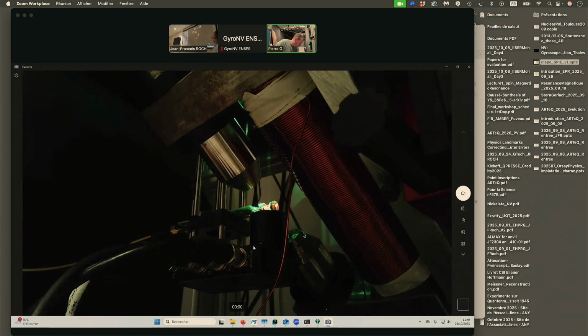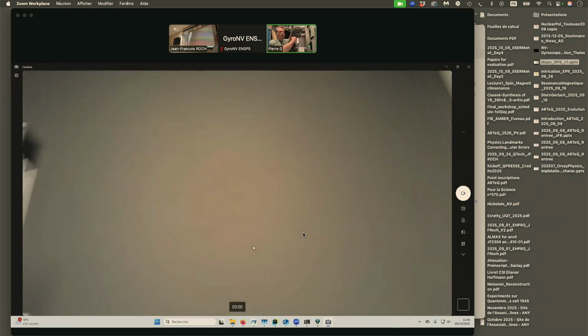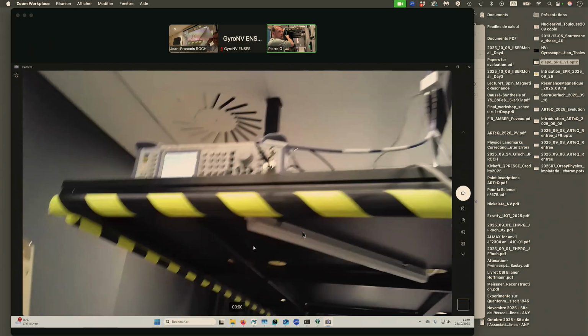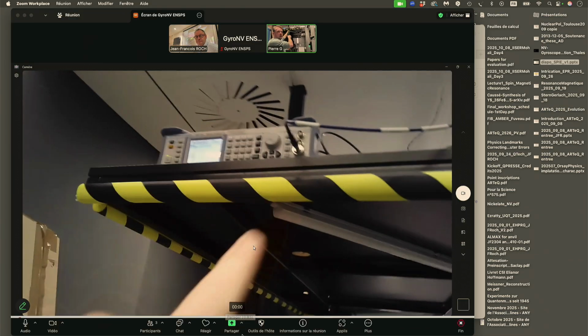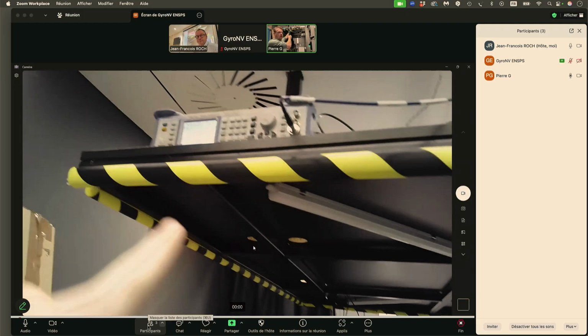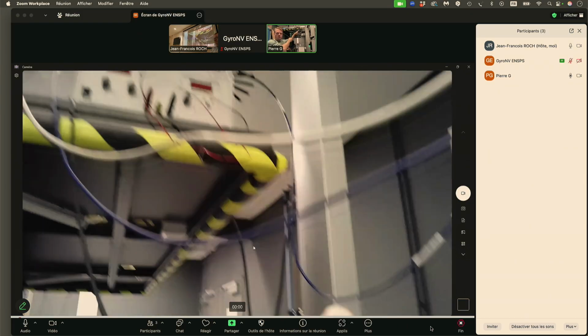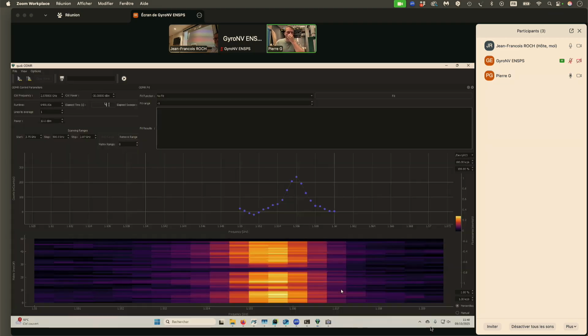Now let me show you what happens when we use all of this instrumentation. We have here an RF synthesizer and amplifier that goes, if you follow this, to the antenna. So let me show you what happens when we sweep the RF frequency in this antenna.